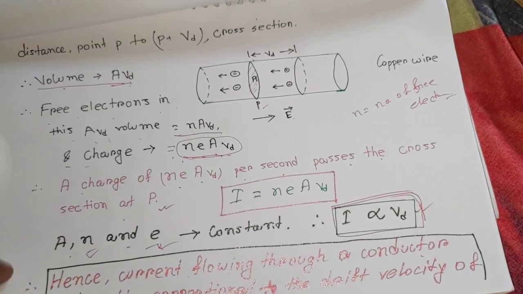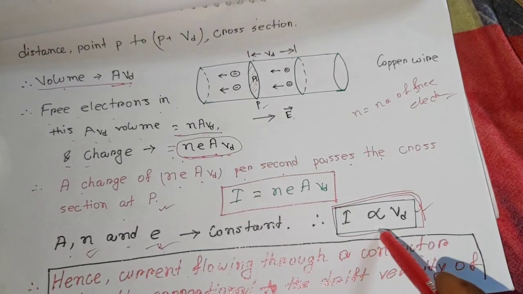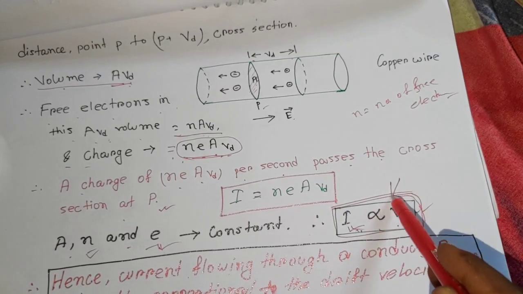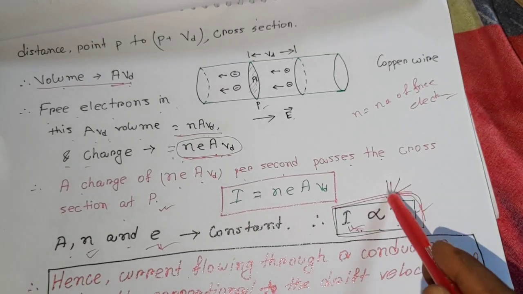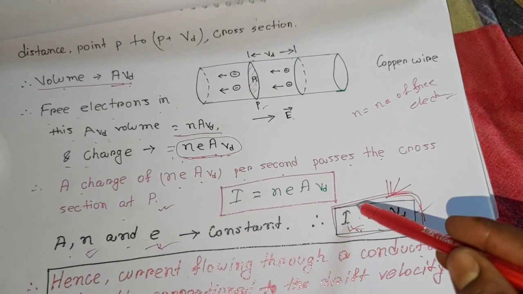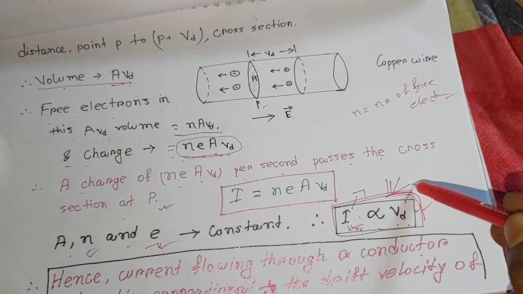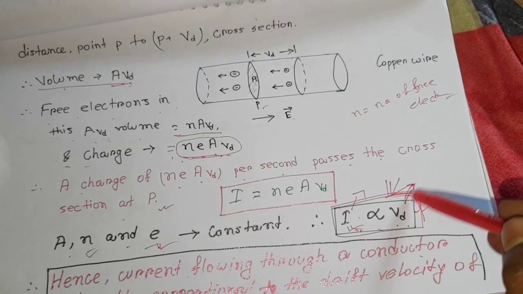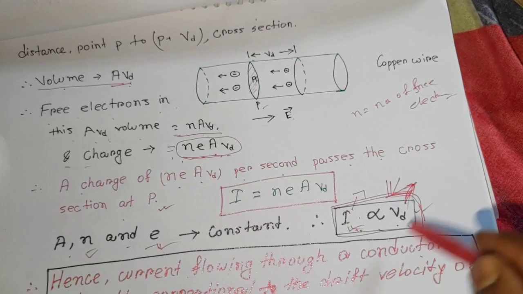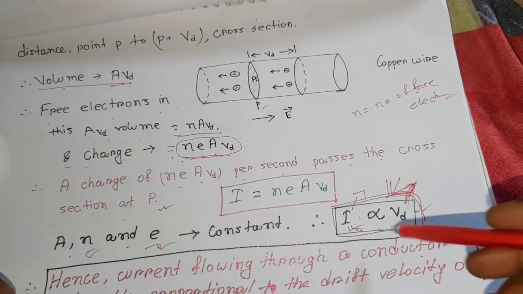This is the relation between drift velocity and current. That means if the current is more, the drift velocity of the free electrons of that metal is more.